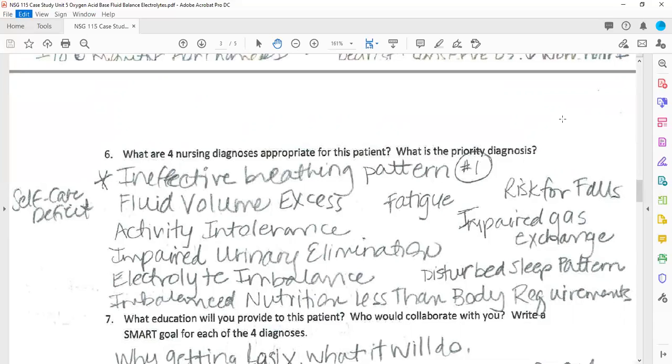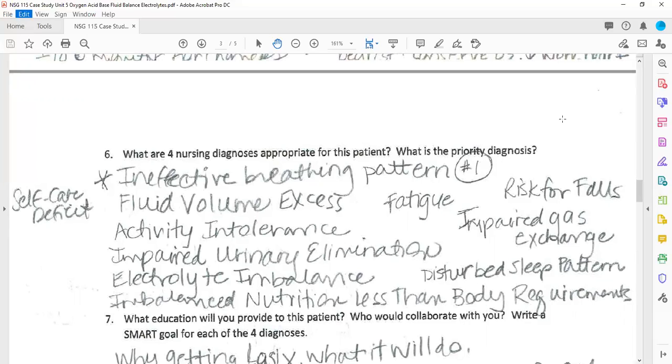So ineffective breathing pattern, fluid volume excess, activity intolerance, impaired urinary elimination, electrolyte imbalance, imbalanced nutrition less than body requirements, fatigue, risk for falls, impaired gas exchange, disturbed sleep pattern, self-care deficit. And then we would say what self-care deficit? So bathing, dressing. And so all of those are pertinent to this patient.